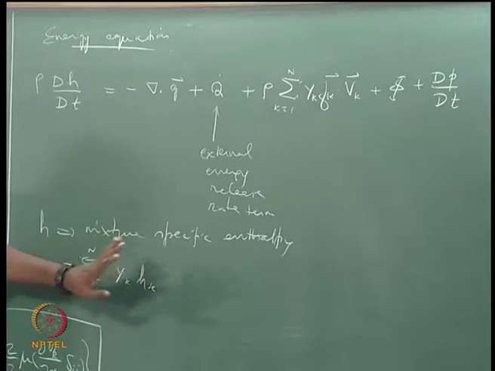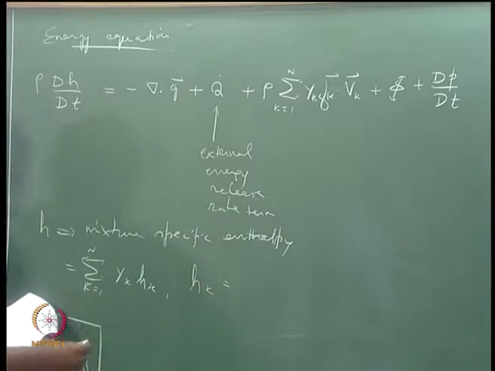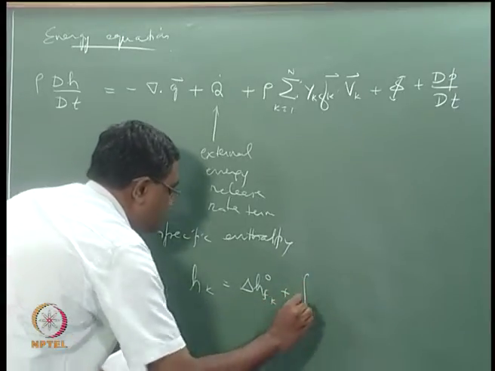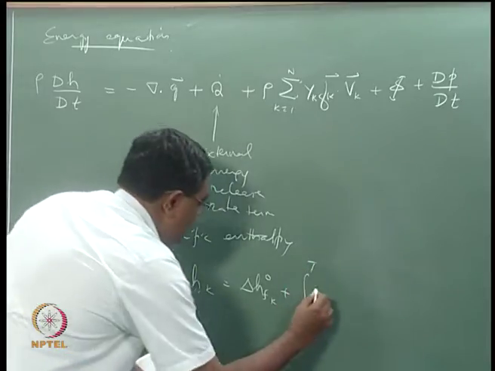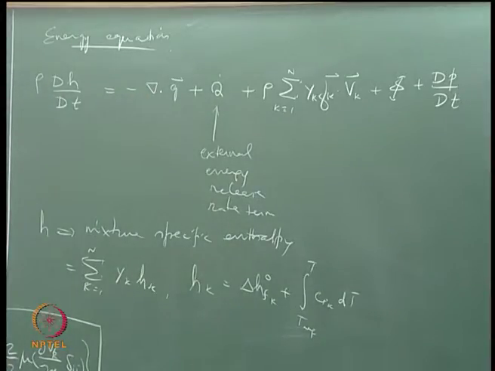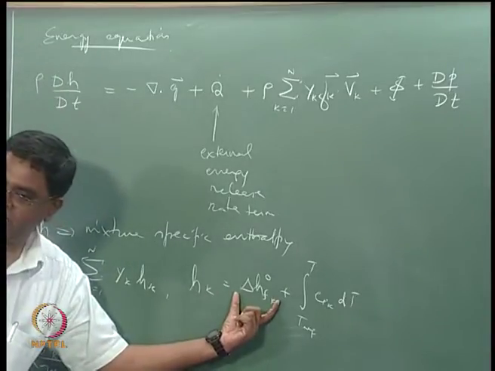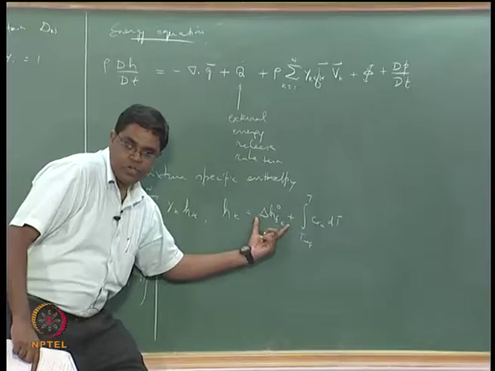That still doesn't show you the heat due to the chemical reactions, because you further have to identify that h_k is equal to delta h_f naught k plus the integral from T ref to T of c_pk dT, small c_pk dT. There are two things that I would like to point out in this. This is what is contributing to your heat release.